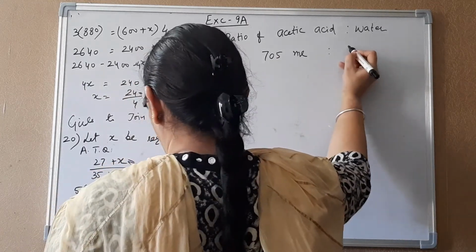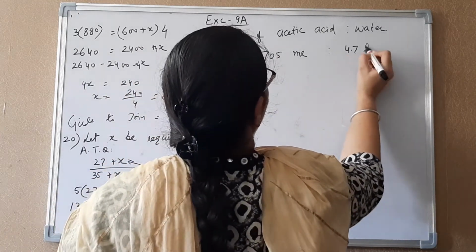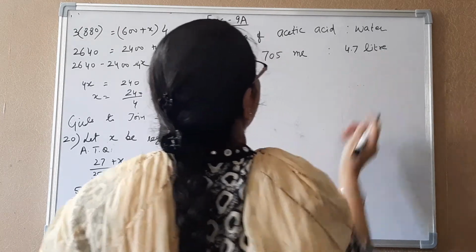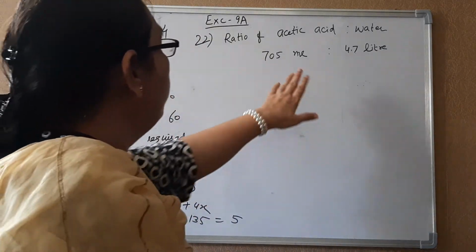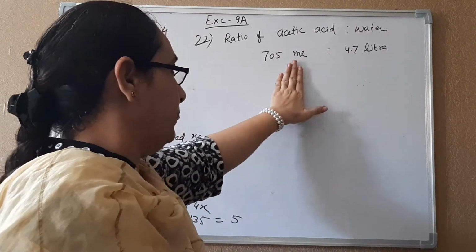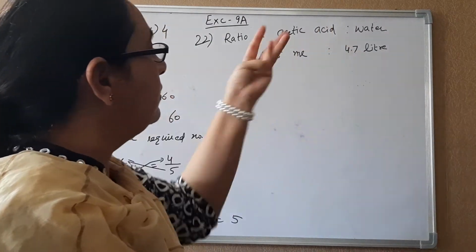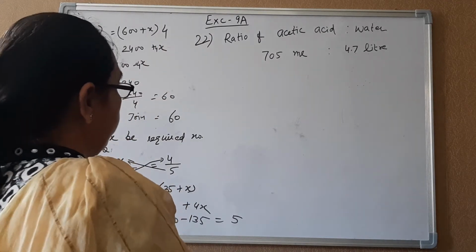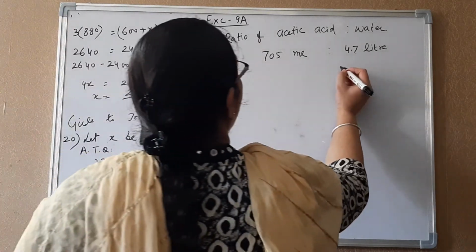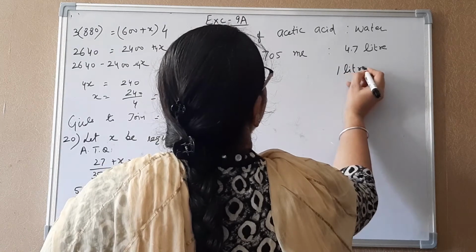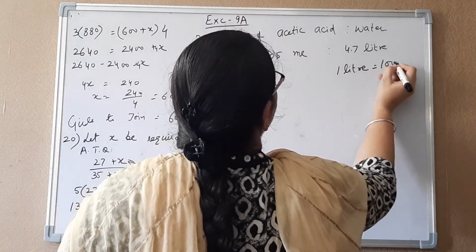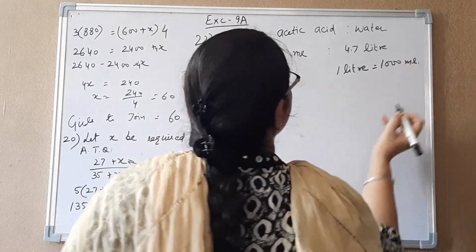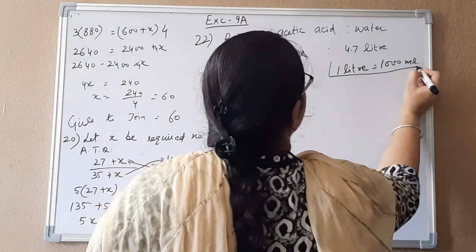And how much water is given? 4.7 liter. It means here we need to make these units the same. Milliliters to be converted into liters or liters to be converted into milliliters. Do you know that 1 liter is 1000 milliliter? Remember this.